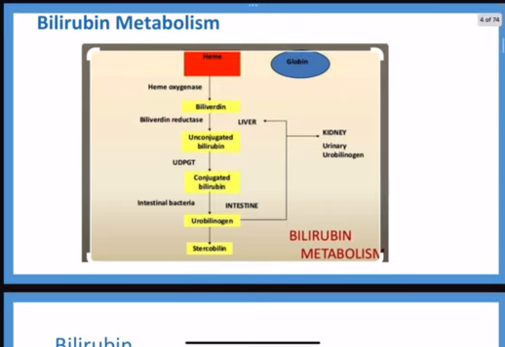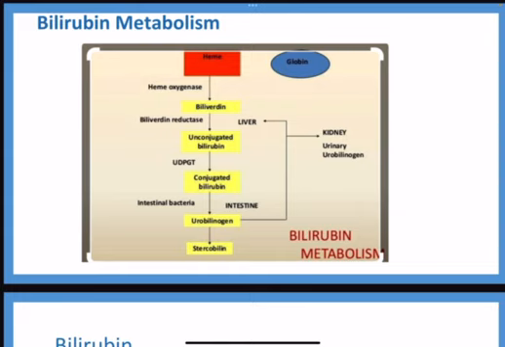How is bilirubin formed? It all starts with the hemoglobin heme ring. This heme gets oxidized by heme oxygenase and is converted to biliverdin, and this biliverdin, by biliverdin reductase, is turned into the form that we know, unconjugated bilirubin. Then UDPGT, the uridine 5-diphosphoglucuronyl transferase enzyme, conjugates this bilirubin, so it turns from unconjugated or indirect into conjugated or direct.